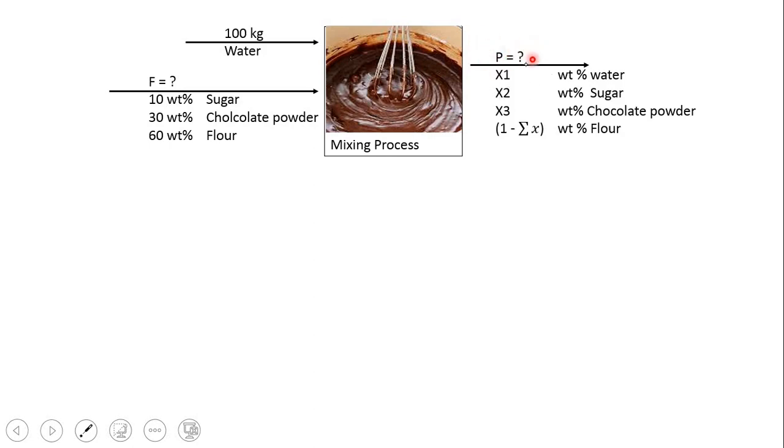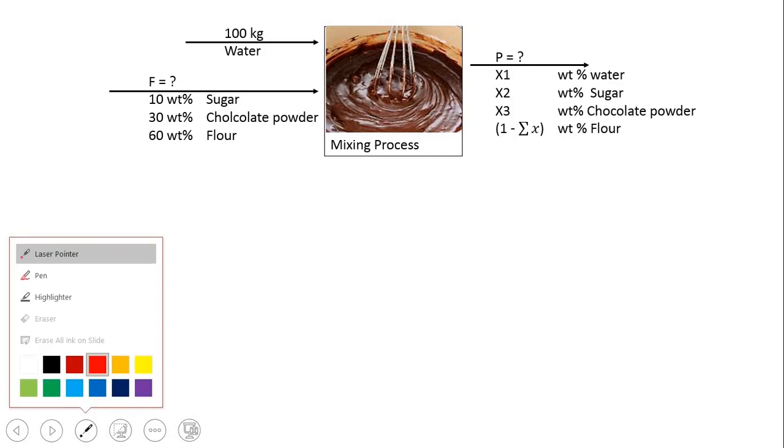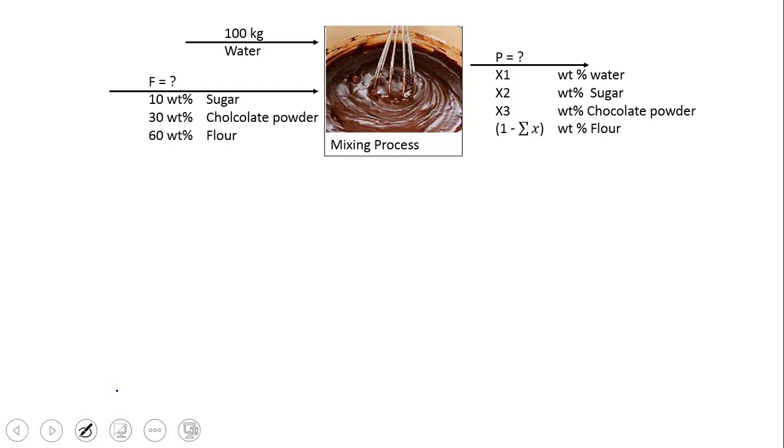For the product stream, we do not know how much is leaving, and also we do not know the compositions of the mixture in the product. So if we analyze the system, how many unknowns do we have? We don't know the flow rate of the mixture entering, and we do not know the product flow rate. We do not know the composition of the materials leaving.